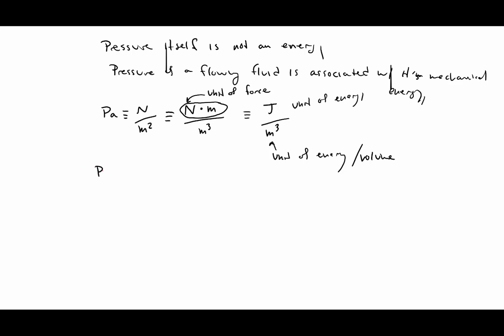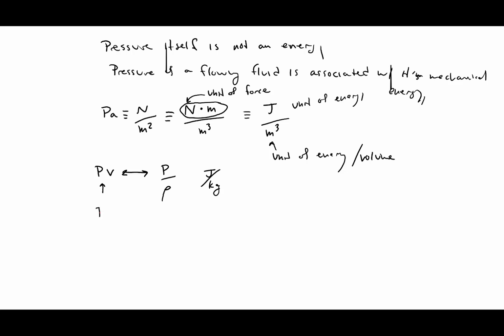So then let's look at this Pv. This is the product of the pressure and the specific volume, and this is equivalent to P over rho. The reason why is because this has units of joules per kilogram.